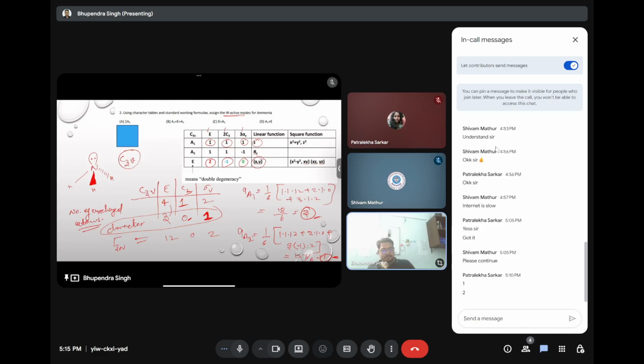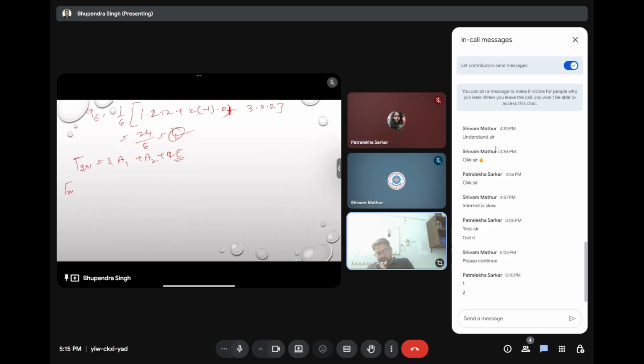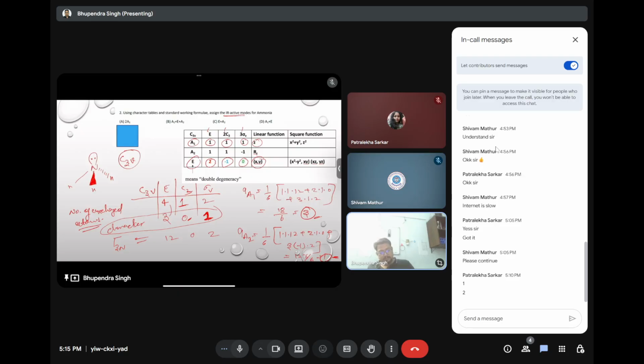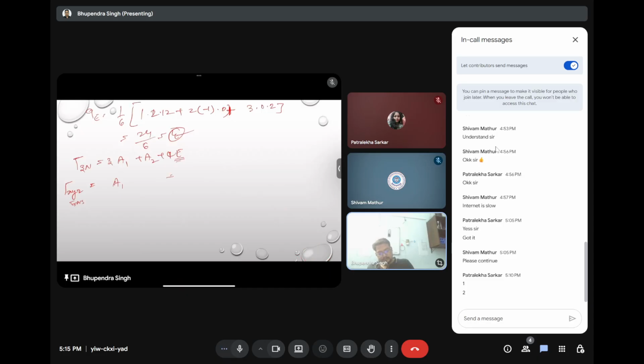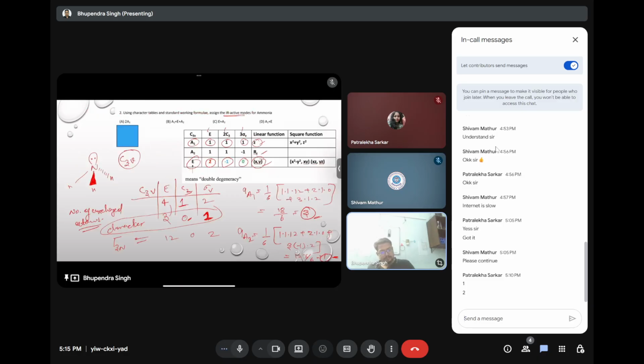Now try to find out these XYZ, the translation and rotation. So translation is A1 and E, Z and XY: A1, E, and for rotational it is A2.